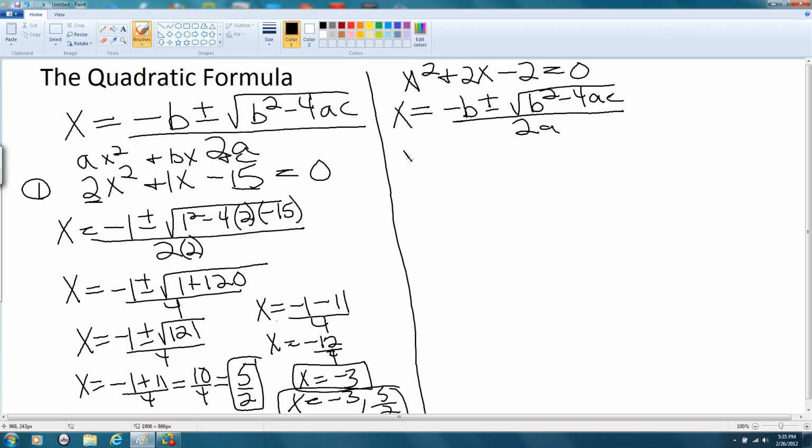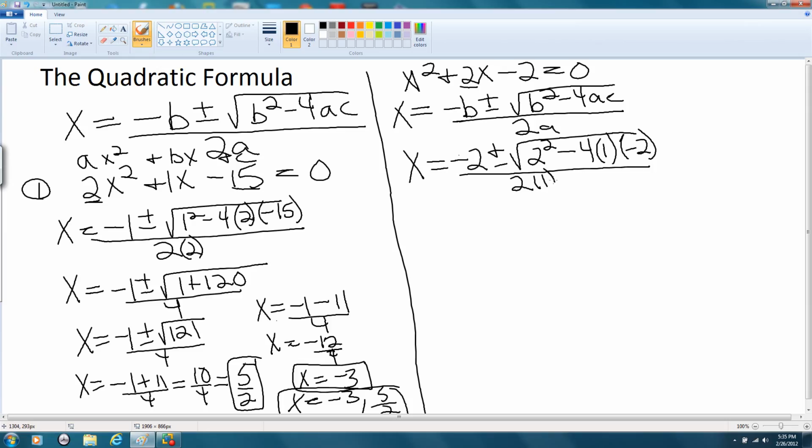And so that's going to be x is equal to, b is 2 here, the opposite of 2, or negative 2, plus or minus the square root of b squared, so 2 squared, minus 4 times a is simply 1 here, and c is negative 2, all over 2a, again a is 1.